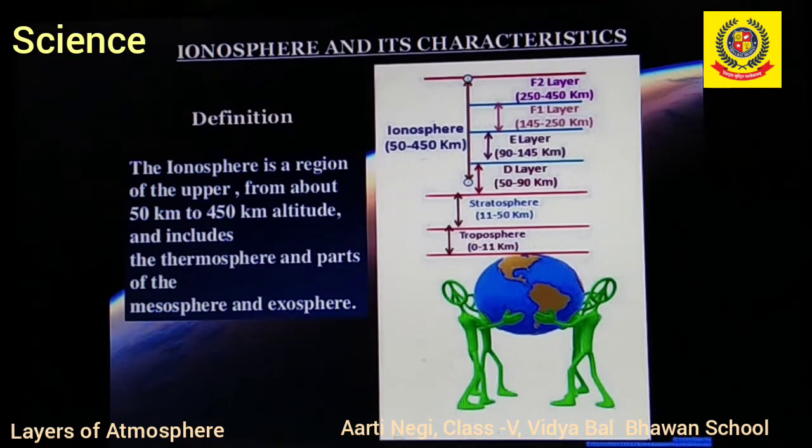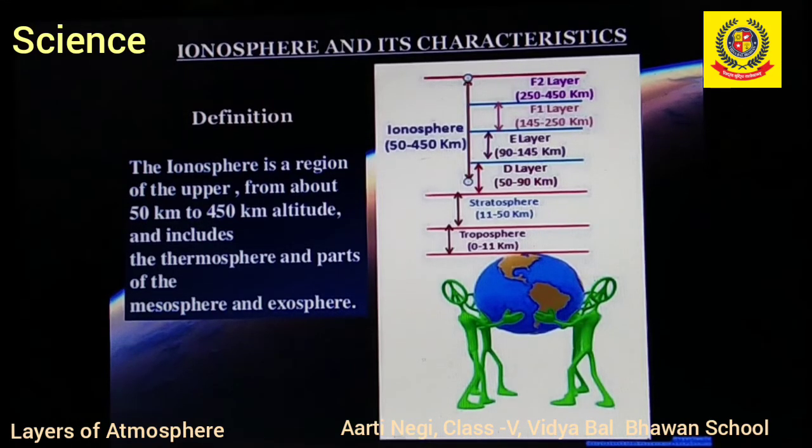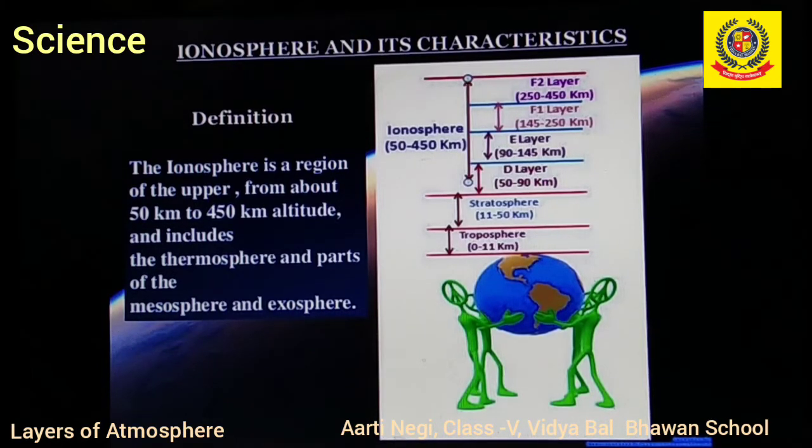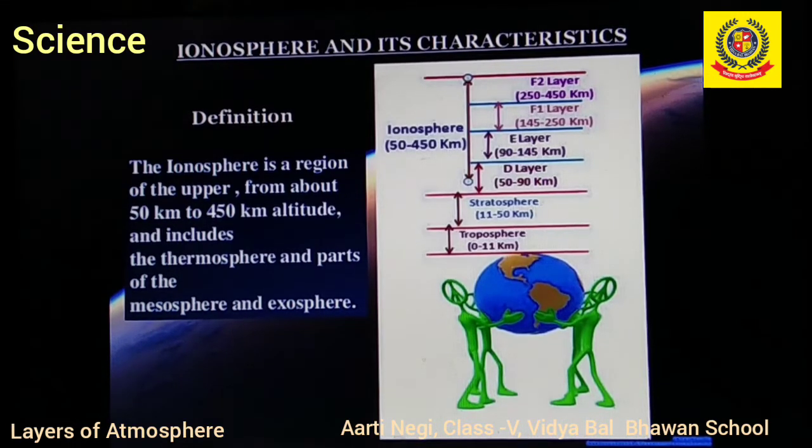The radio waves that travel long distances, sent from various radio stations towards various receivers, get reflected by this layer. The range of ionosphere is from 80 kilometers to 500 kilometers, so approximately the layer is 300 kilometers.